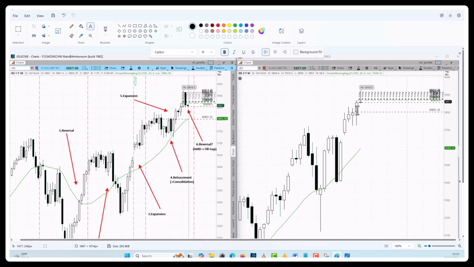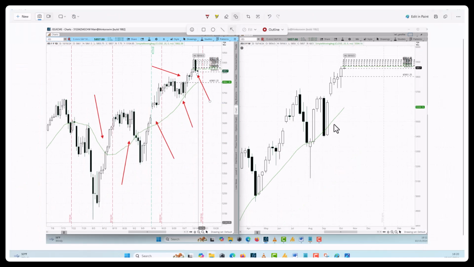So right here we see on the weekly, this candle is supposed to be down, but it flipped in order to do manipulation right now. So basically, it's going to break and then reverse. That is in terms of weekly. We want to see right there.